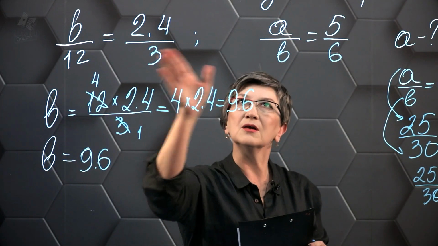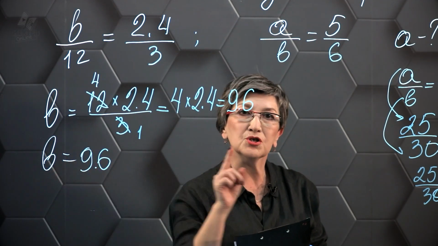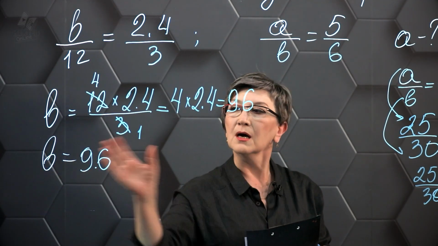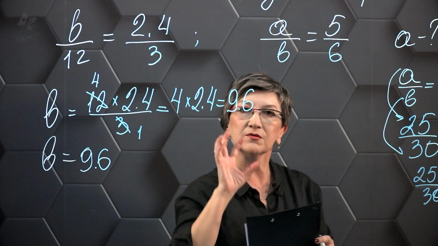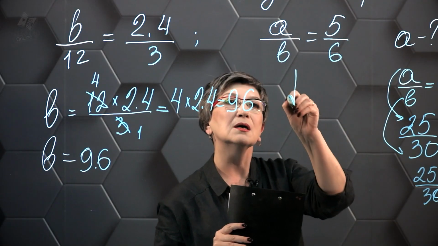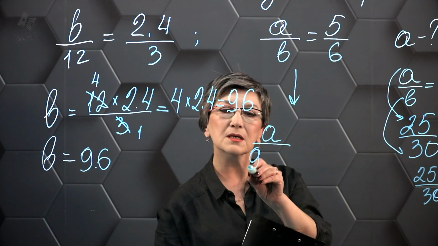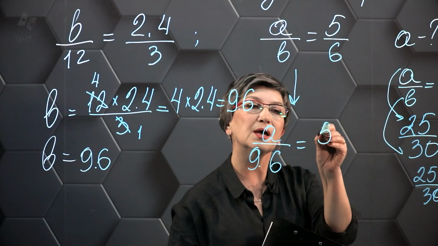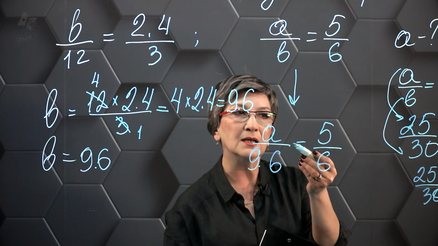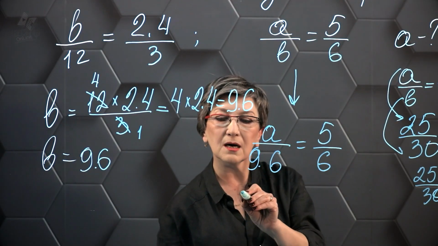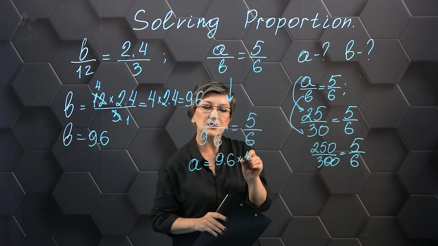If we have two proportions in one assignment, then b will have only one value. And now we substitute this value into the second proportion, and as a result we get, let's work with the second proportion, a divided by 9.6 equals 5 divided by 6. And then, by applying the algorithm, we find a equals 9 whole 6/10 times 5 and divided by 6.